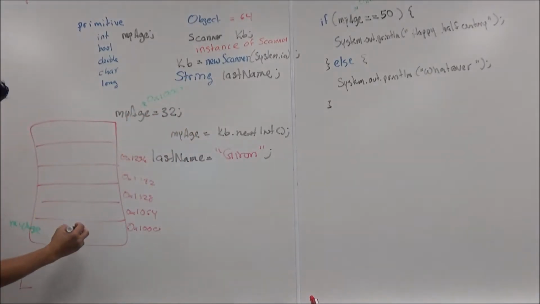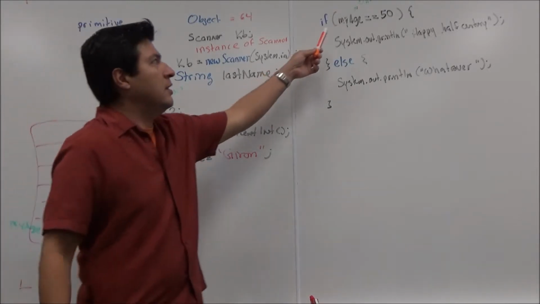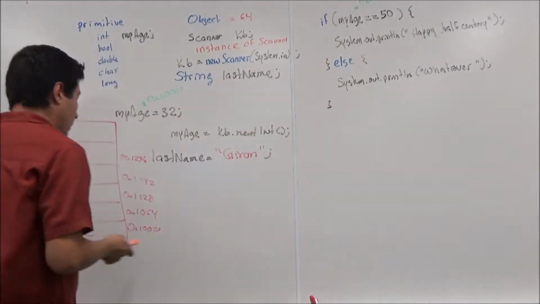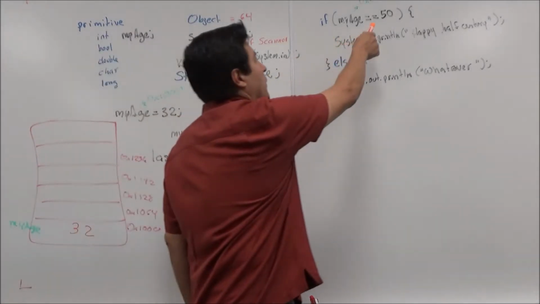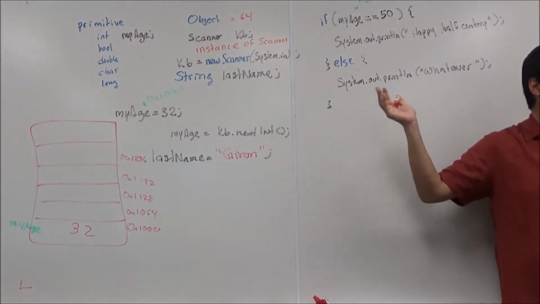So here I assign the number 32. The variable my age is at address 1000. So it's comparing the contents of address 1000, which is this, to the number 50. And it's going to say it doesn't match, right? It's not the same.